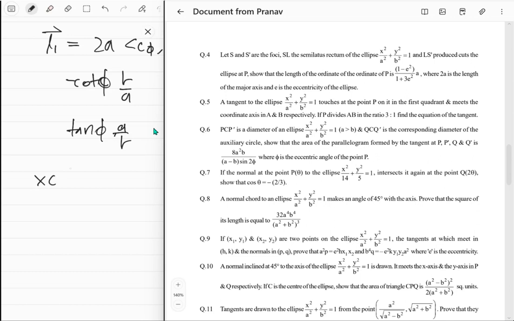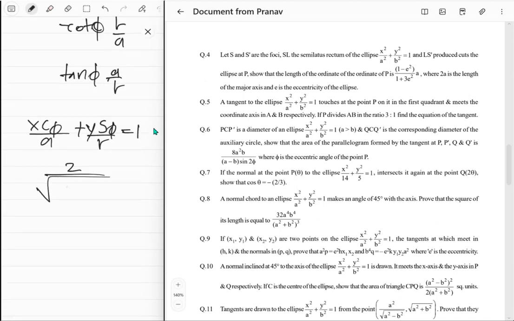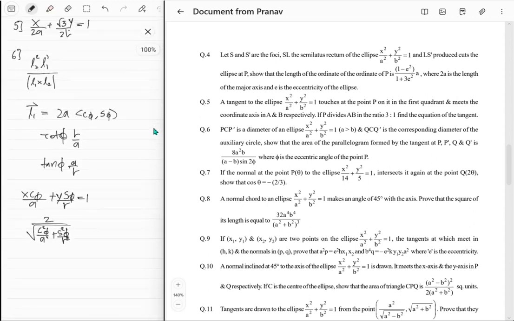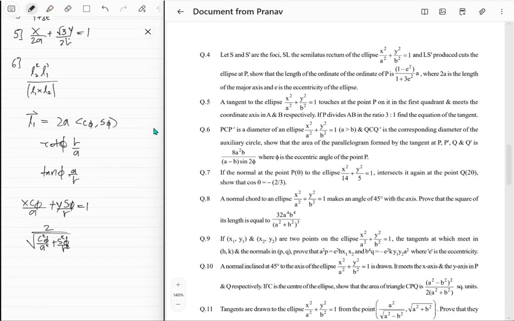So then the tangent would be x cosine phi upon a plus y sine phi upon b is equal to 1. So the length between those would just be 2 upon square root of cosine squared phi upon a squared plus sine squared phi upon b squared. Okay, it's already looking really problematic.